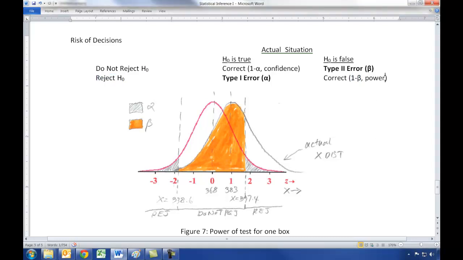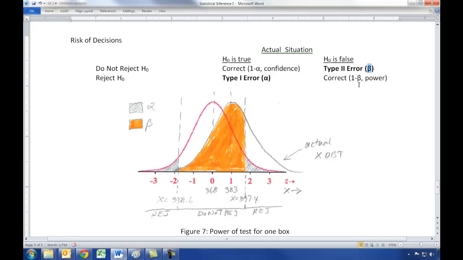A good hypothesis test, or a powerful hypothesis test, is the one with a great value of 1 minus beta, meaning a test that is associated with really small beta. In this case, the beta is actually fairly large.